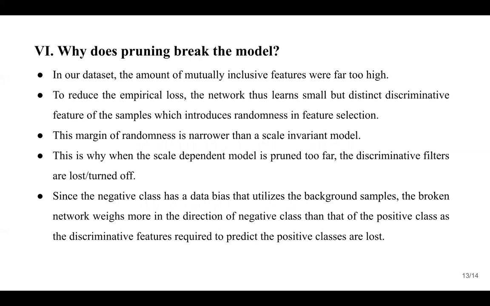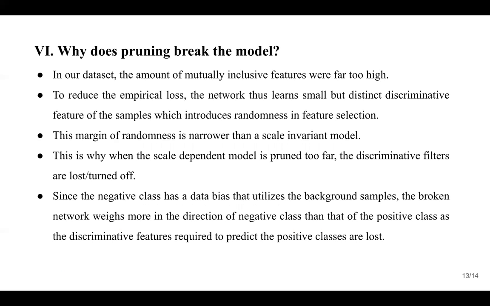So there is a question: why does pruning break the model? In our dataset, the amount of mutually inclusive features was far too high because of the background features and also the scale features. So to reduce the empirical loss, the network learns small but distinct discriminative features of the samples, which introduces randomness in feature selection.